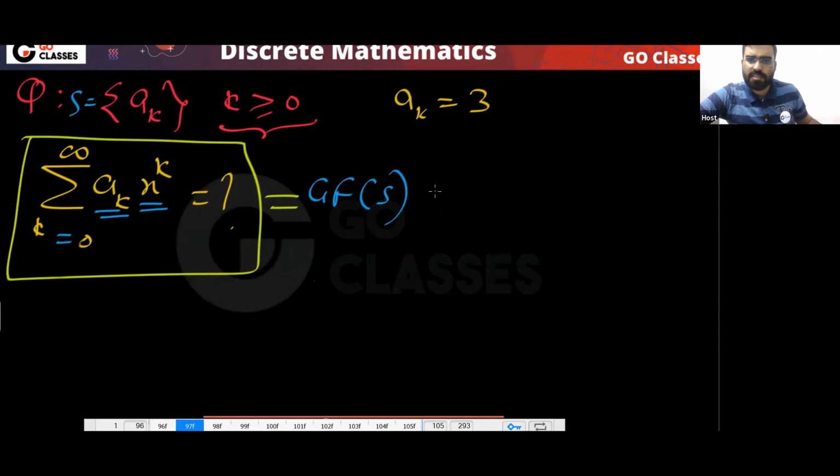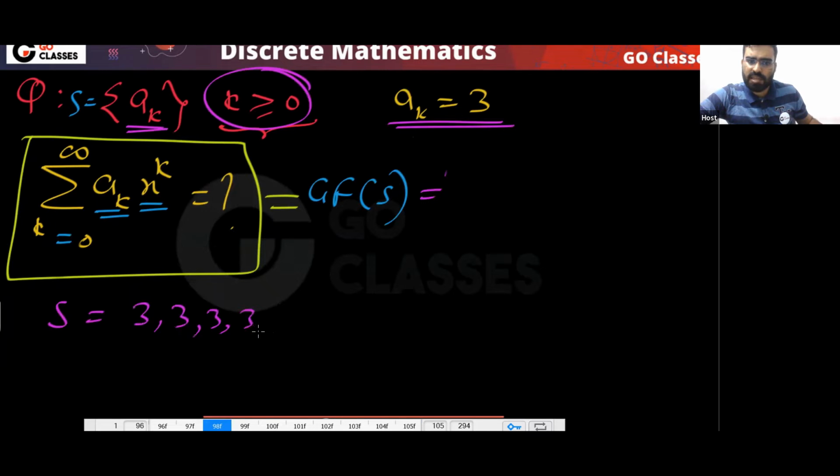So tell me the answer. AK is equal to 3, k is greater than or equal to 0. It means every term is 3, so your sequence is 3, 3, 3, 3, and so on.